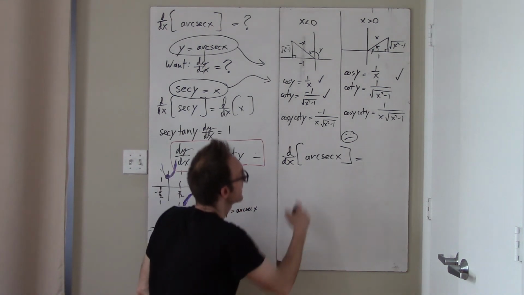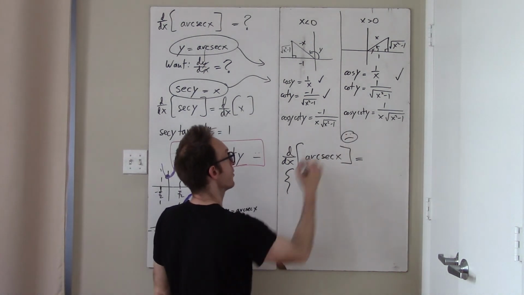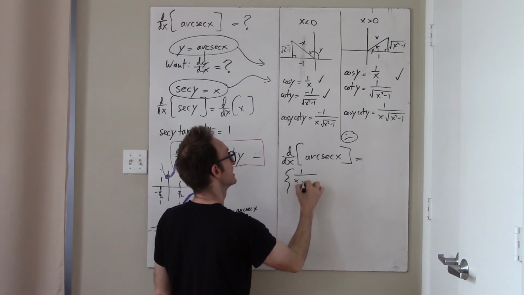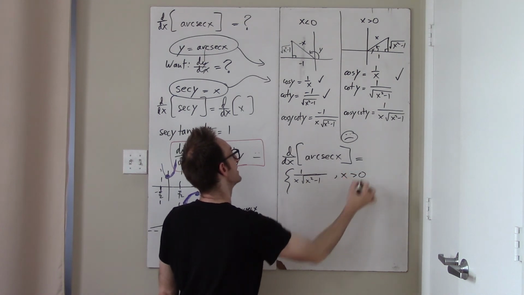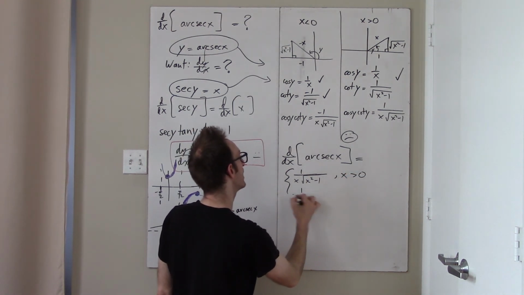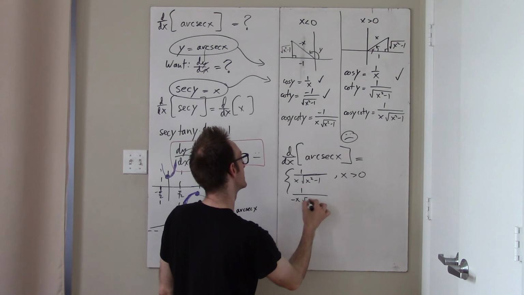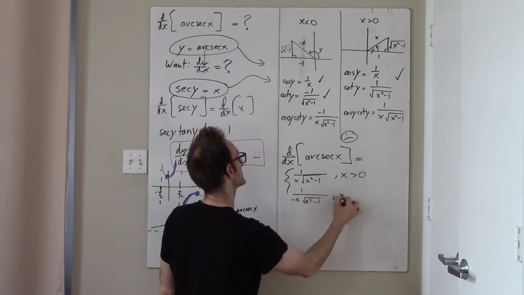It is, in fact, 1 over x root x squared minus 1 when x is positive, but it's 1 over negative x root x squared minus 1 when x is negative.